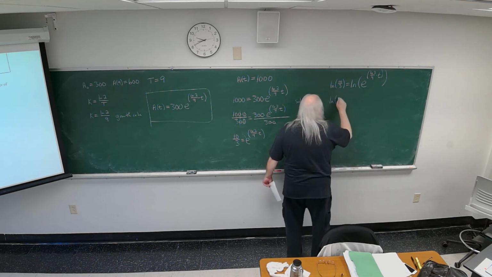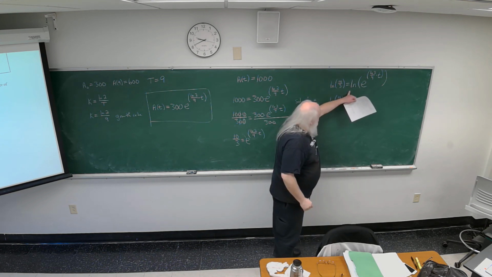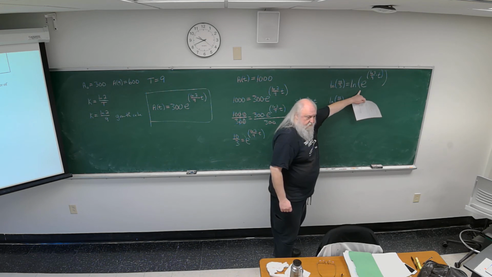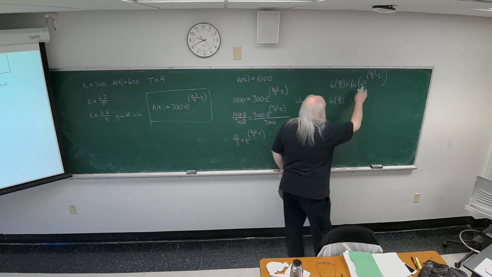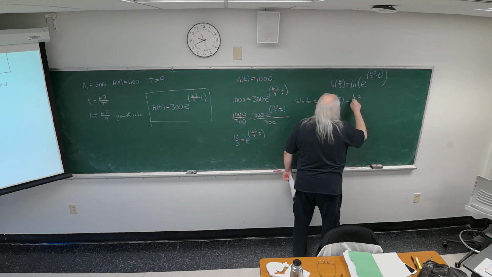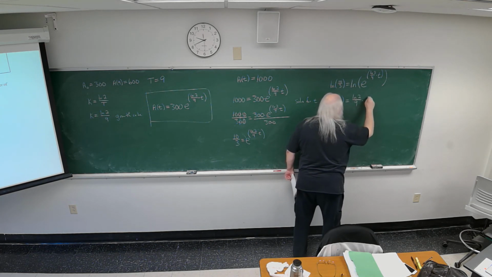So we have the natural log of 10/3, the natural log and the natural exponential function cancel, and we're left with the exponent on the number e, the natural log of 2/9 times t.